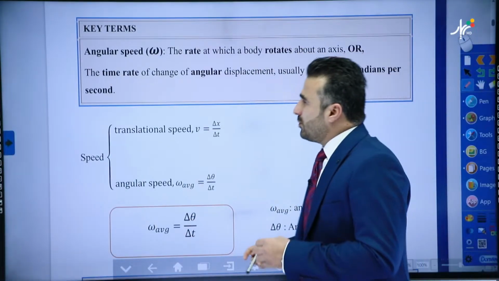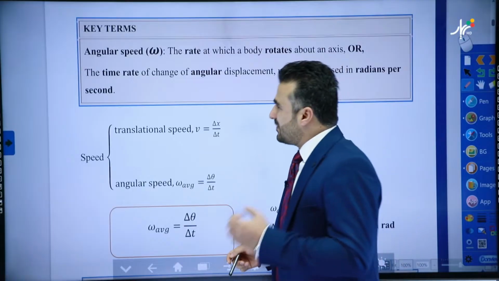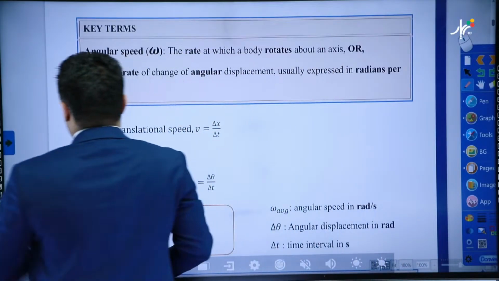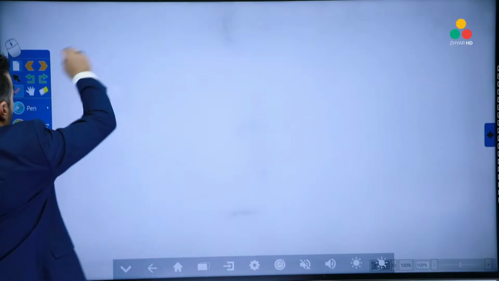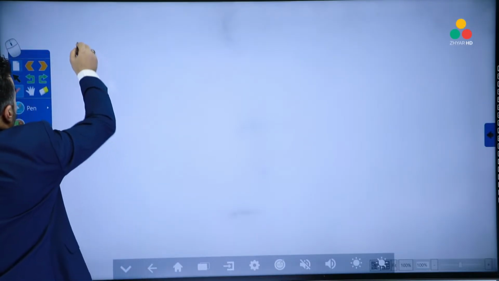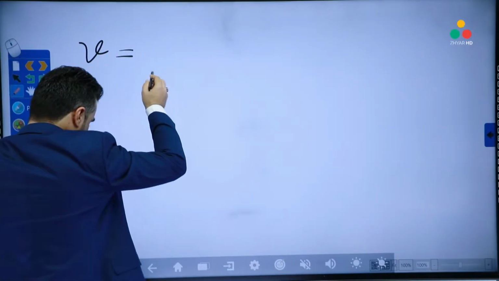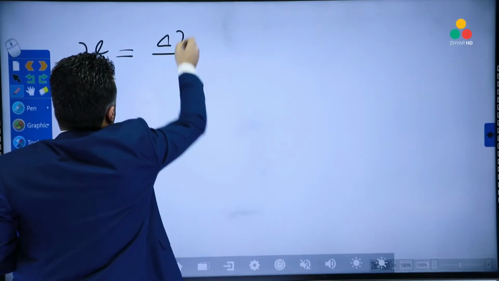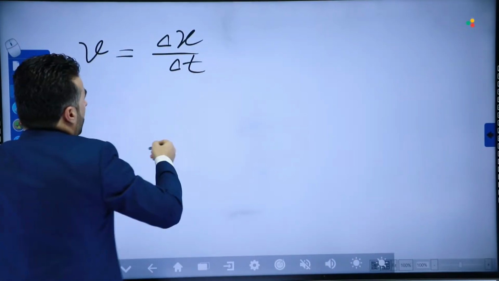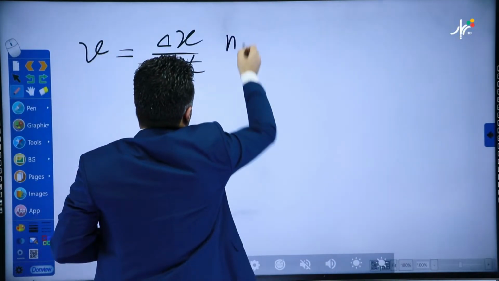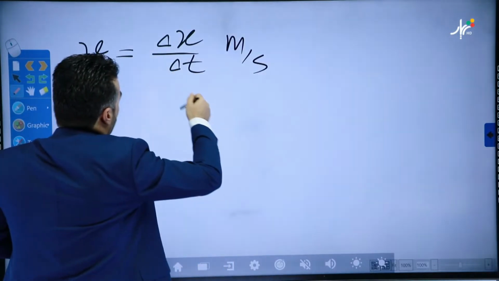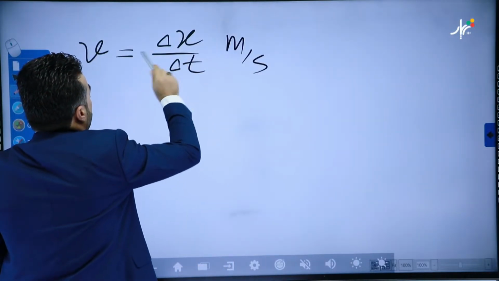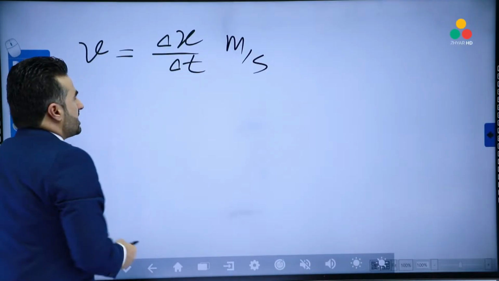You've studied speed or velocity in grade 11. So what is velocity? In grade 11, you studied that velocity equals delta x over delta t, measured in meter per second. The definition was the rate of change of displacement.